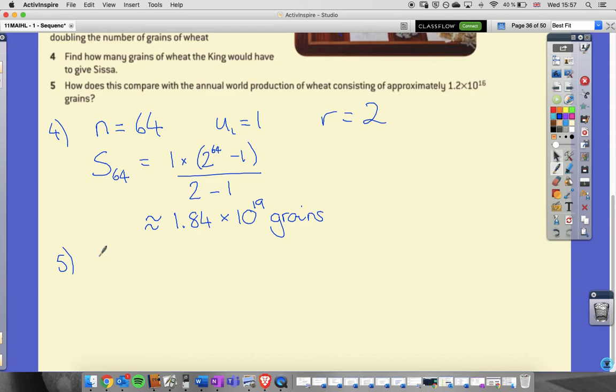If we take this value we've just found and divide it by the annual world production, we can see from this part of the calculation that it's going to be over 1,000 times bigger. This comes out at roughly 1,537. So what does that represent? It means that if this were the world production of wheat and it stayed constant, it would take approximately 1,537 years to fulfill this amount of wheat.